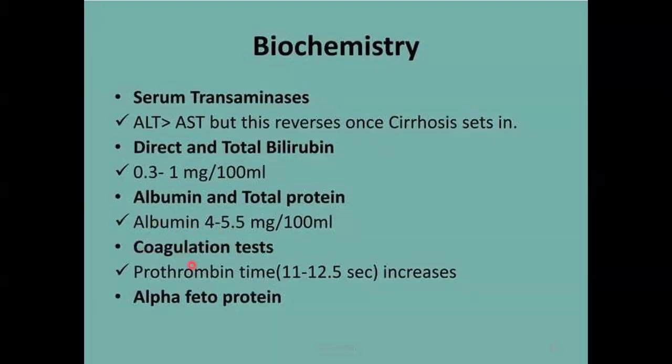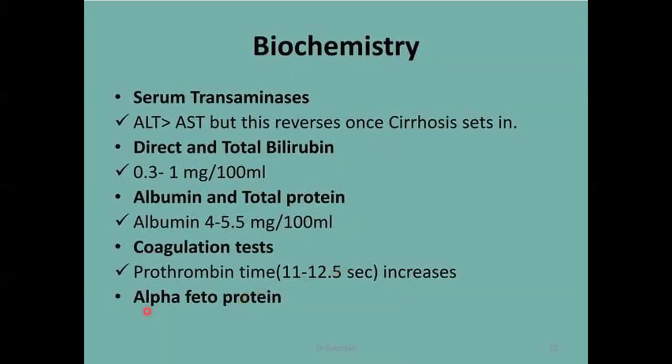So if the liver is being damaged, your prothrombin time, so prothrombin time is a test that is used to check the activity of your coagulation factors. Okay, so if your liver is being damaged, your coagulation factors will not be produced. And when they're not produced, this time is going to increase. Okay, it will take more time for your blood to clot. The coagulation factors are also known as the clotting factors.